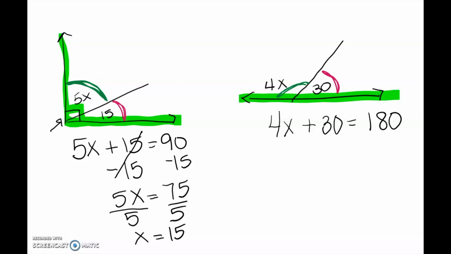The first thing we always do is subtract 30 from both sides. So we have 4x equals 150.